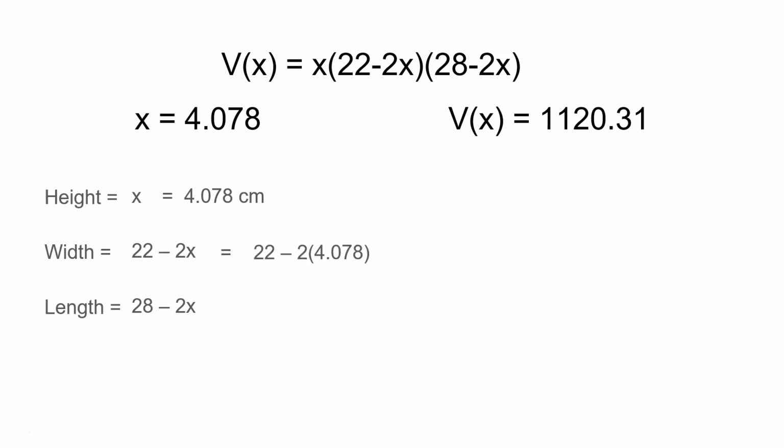By substituting the values into the expression, we can find that the width that will produce the maximum volume is 13.844 centimeters. And then using substitution again, we can find the length that will produce a box with the largest volume would be 19.844 centimeters. This means that we now have all 3 dimensions of the box that will have the largest volume.